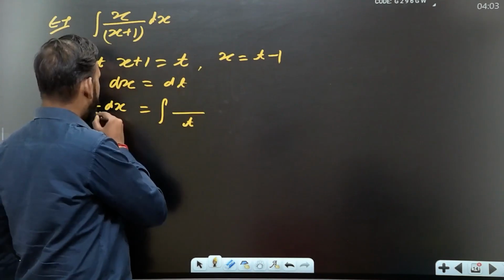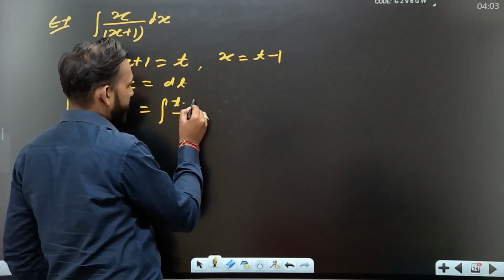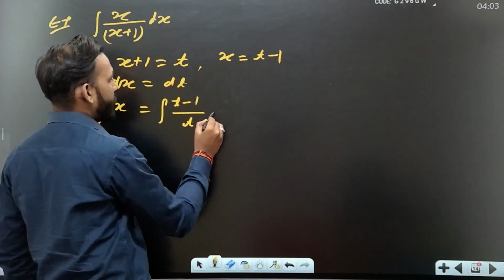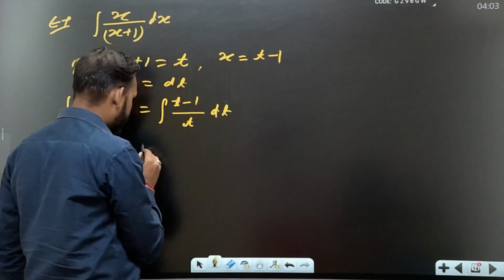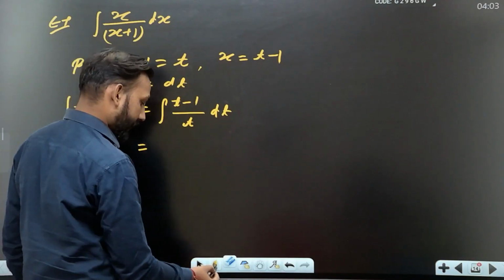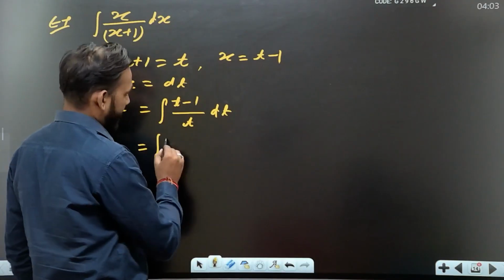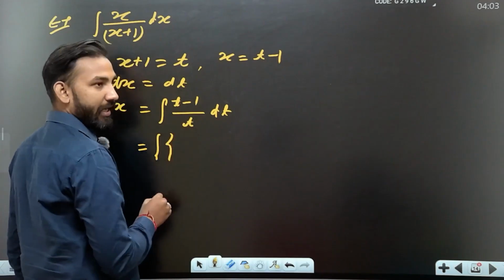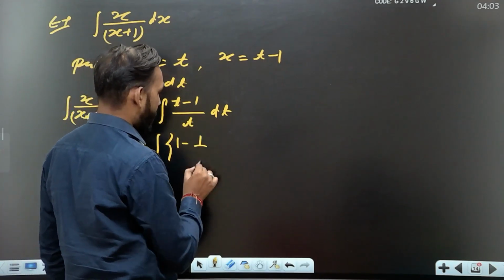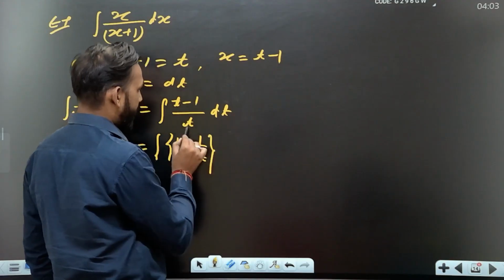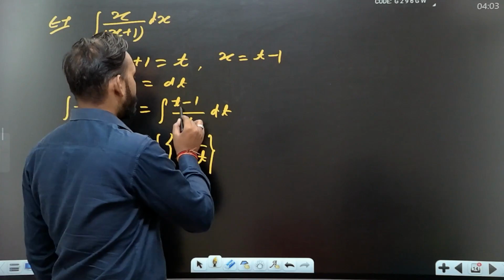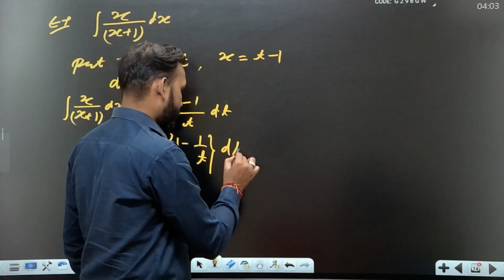We put t minus 1 instead of x, and dx equals dt. To integrate this, divide by t on both sides, we get 1 minus 1 over t dt, right.